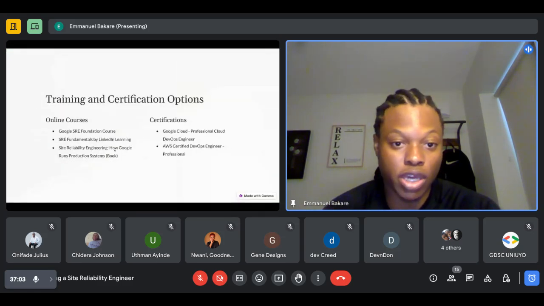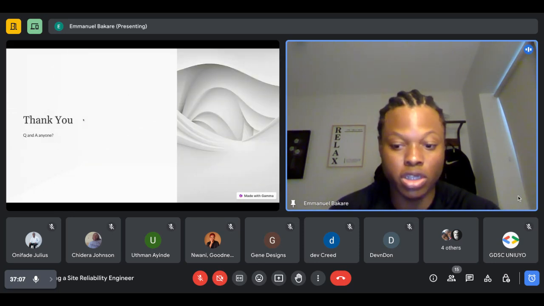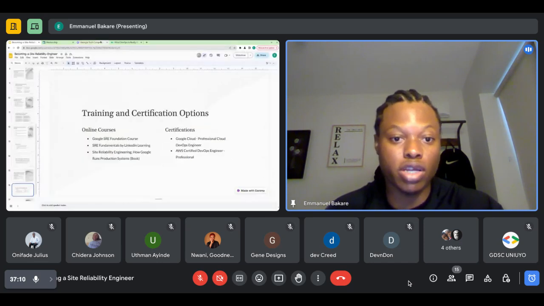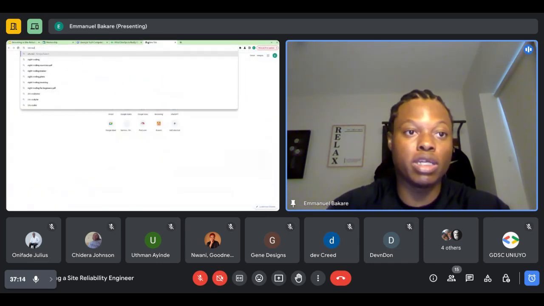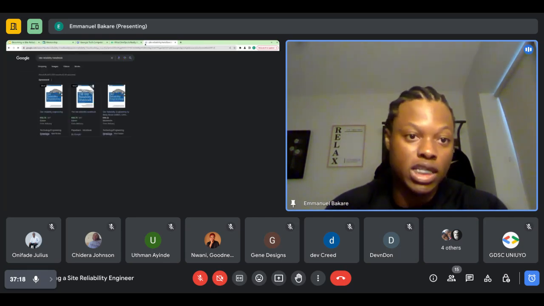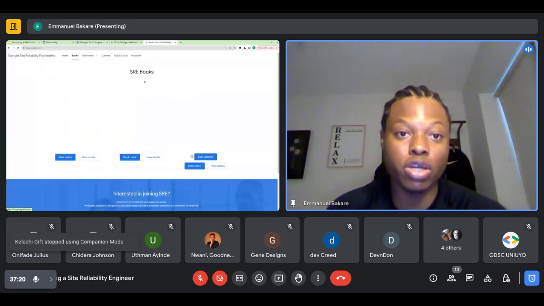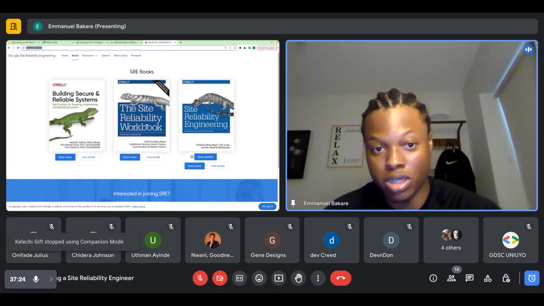And yeah, training and certifications. I'm always a fan of promoting trainings and all the other stuff. A very good example is the Site Reliability Engineering book. Google basically condensed all the knowledge they've learned from writing software. It's actually online; you can read it online. There's also the site reliability workbook.